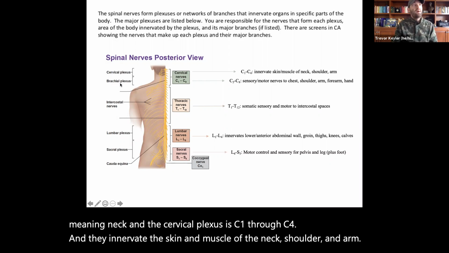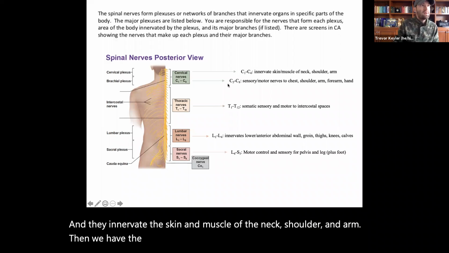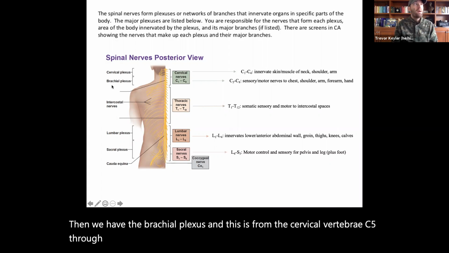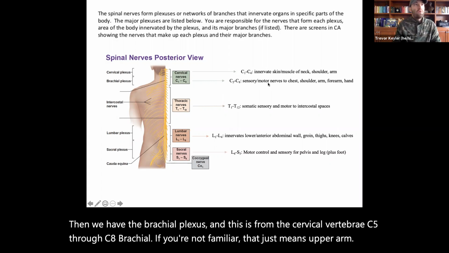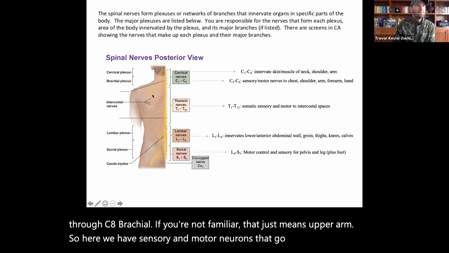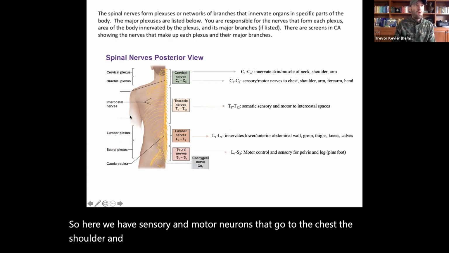Then we have the brachial plexus, from the cervical vertebrae C5 through C8. Brachial just means upper arm. Here we have sensory and motor neurons that go to the chest, the shoulder, and the arm, including the forearm and the hand.